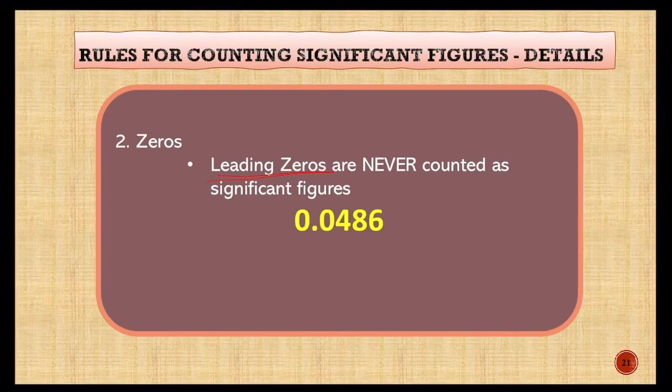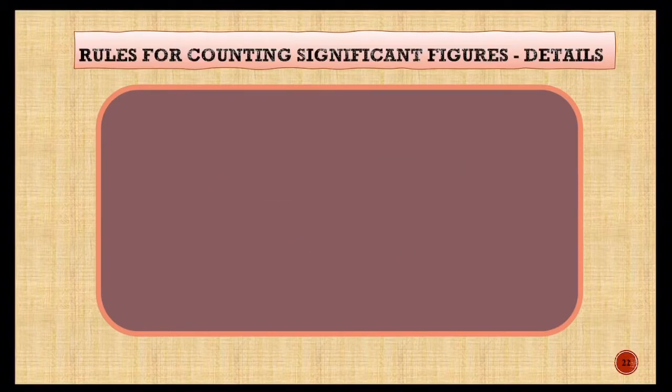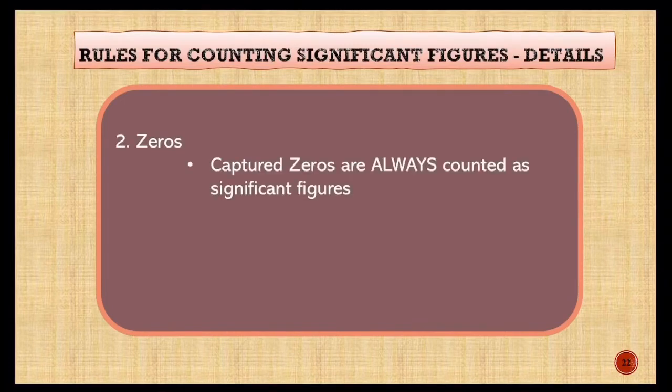So for example, 0.0486. These two zeros right here are considered leading zeros because they are at the beginning of the value. So these two zeros would not be considered significant because leading zeros are never counted as significant. So this value would only have 3 significant digits. The next type of zero we call captured zeros. Captured zeros are always counted as significant.